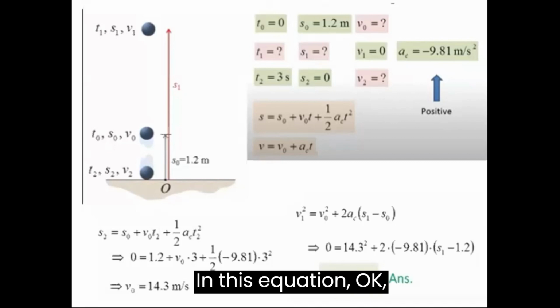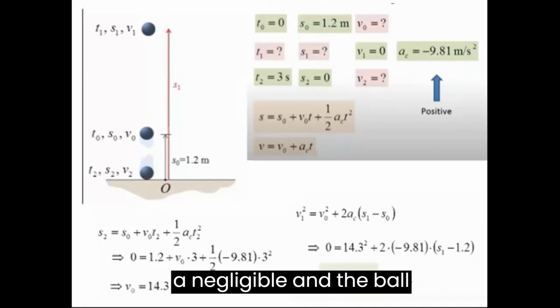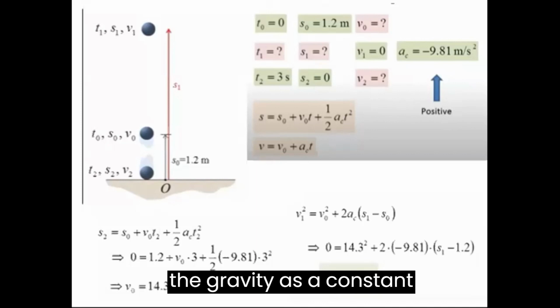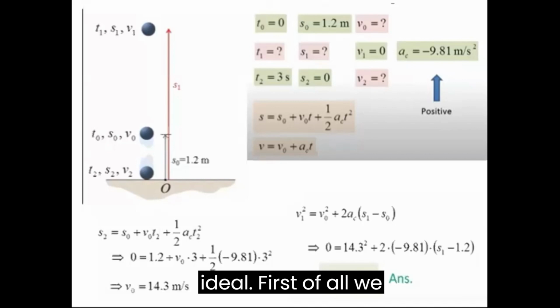In this problem, the resistance of air is negligible and the ball is only subject to gravity. Therefore, gravity is a constant acceleration with a negative value. There are different approaches, but this is ideal.